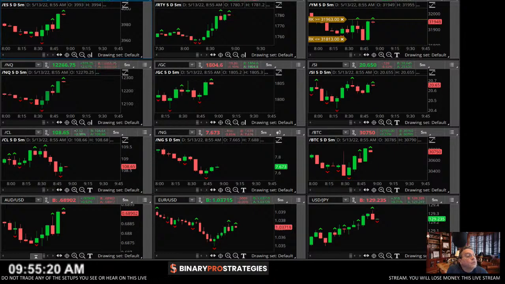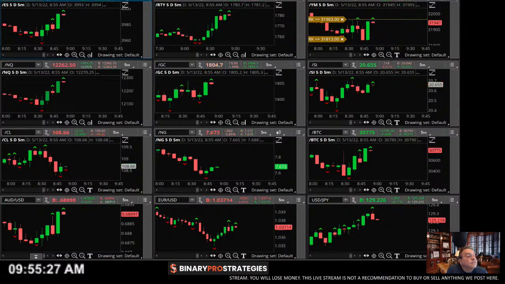Reversal on that Wall Street 30, the mini Dow, is going to be 318.63.